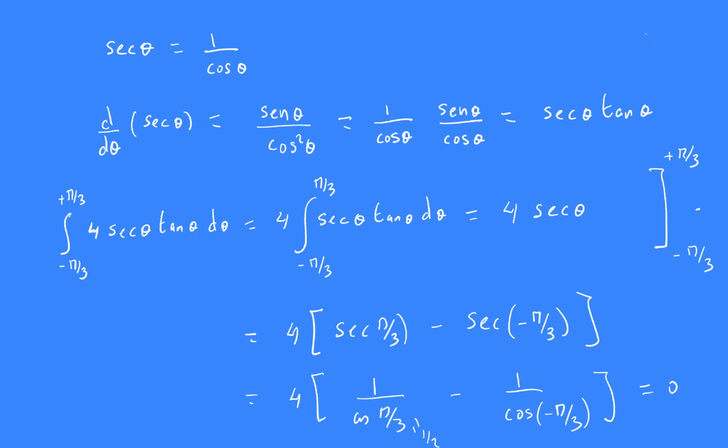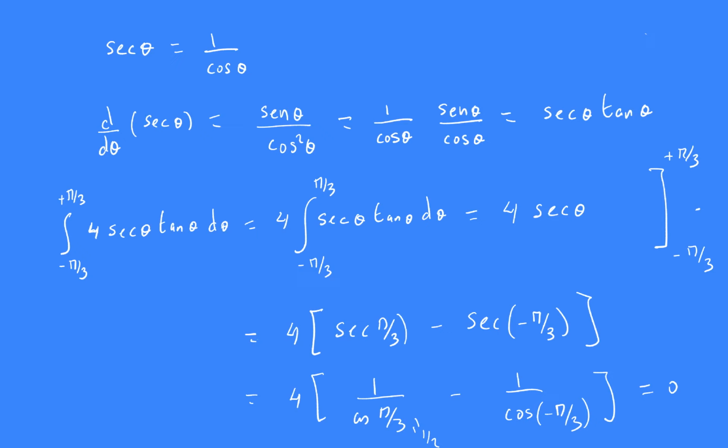So what you need to realize is that cosine of pi divided by 3 has the same value as cosine of minus pi divided by 3, so the integral will be 0. And this means that this function is an odd function.